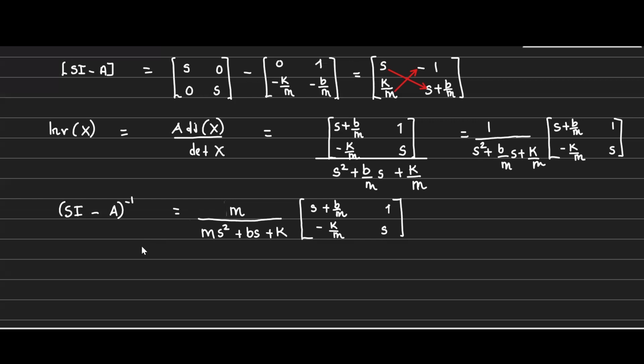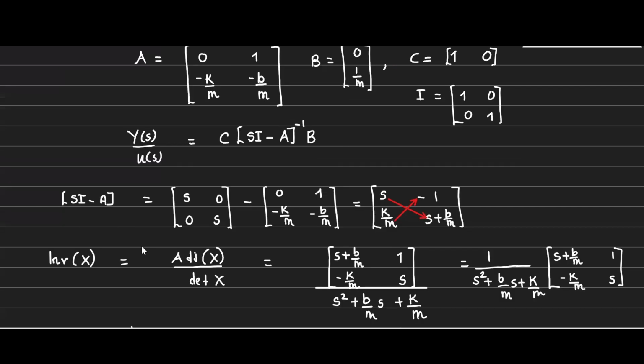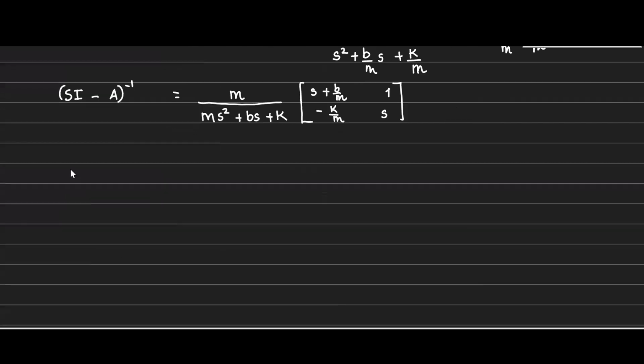Now let us multiply this by the next matrix, which is B. So this is now sI minus A inverse multiplied by matrix B. Never mind, don't distribute this factor inside here, it just complicates your work. Just leave it there.